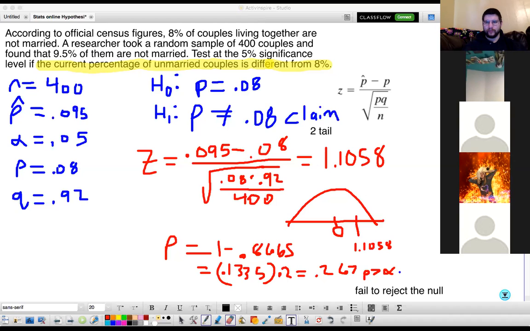On some of the questions, does it let you choose which one to do? Yes. Well, the only way I can force you to use one way or the other is if I specifically ask for the p-value, or let's say have you match which curve sketch matches that situation for the critical values.